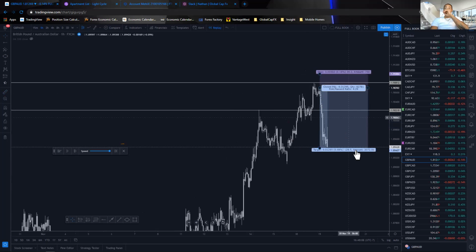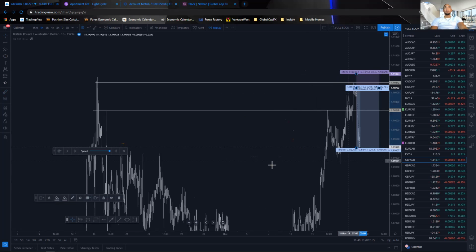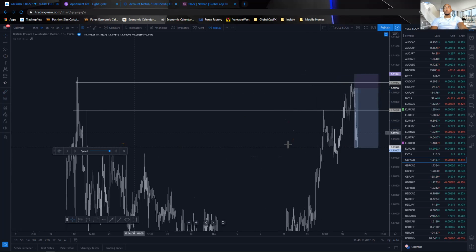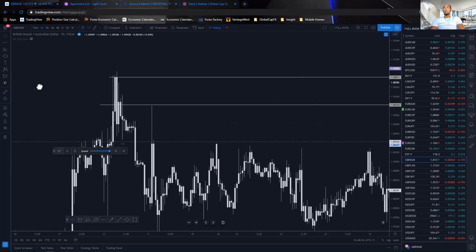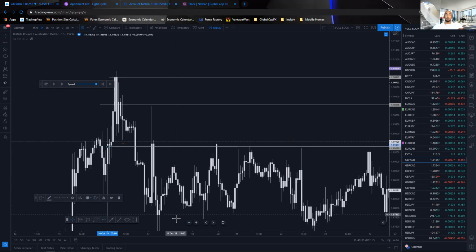Okay, so I'm gonna come back over here real quick and see where we have the most immediate resistance. All right, so we got some price action move right here on this candle that went to the upside.